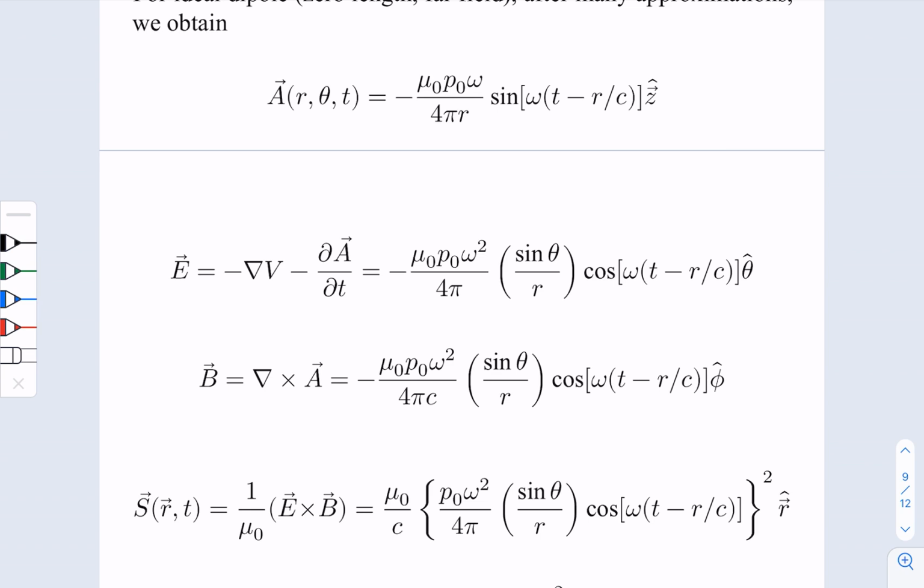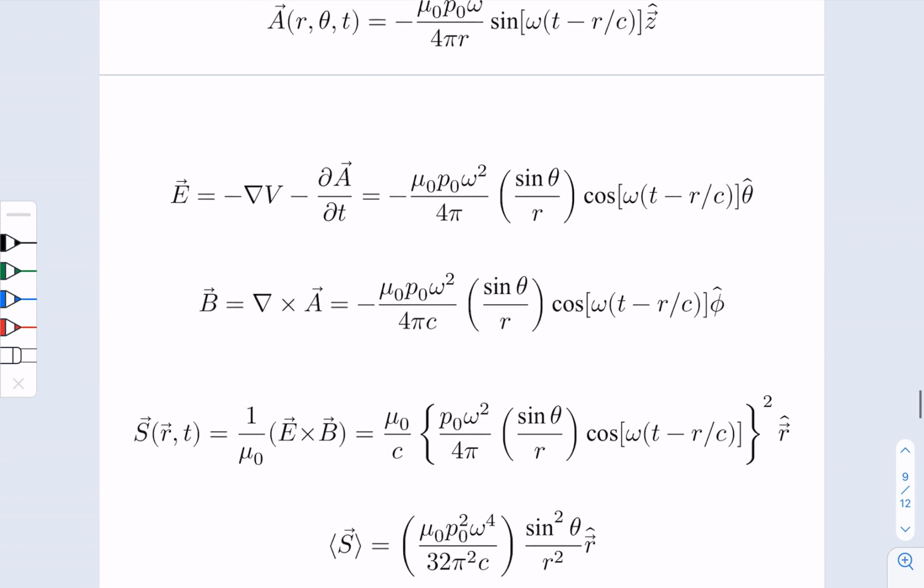The E field is along the theta direction, and the B field is along the phi direction. The cross product of theta and phi gives you the radial direction, which makes sense. If you oscillate a dipole, then the radiation direction is the radial direction, so it will radiate away from that dipole.